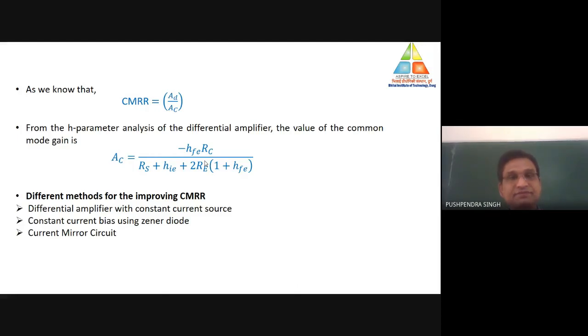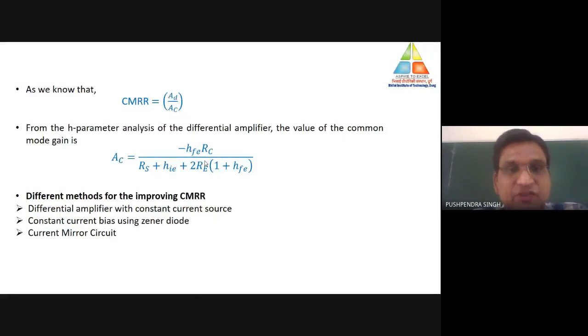That's why we are using some different methods by which we may reduce the value of this common mode gain. So there are 3 different methods by which we may improve the value of CMRR without enhancing the value of this emitter resistance.